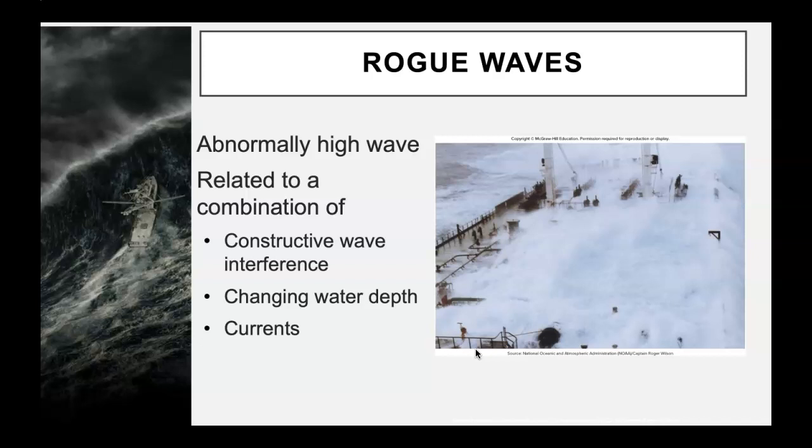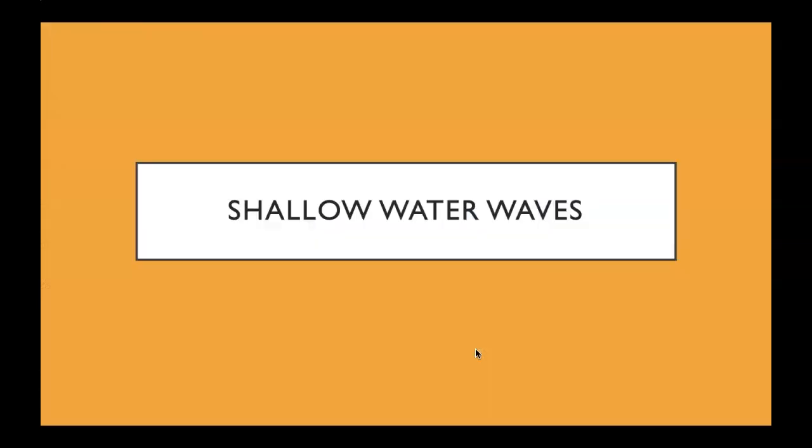They are also associated with coastlines where there's a big change in depth. We'll see surfers coming to beaches where there's a big drop off, and then the waves get set up off that drop off. They're really big when there's that change in depth. And then there's usually a factor of the currents, those horizontal movements of water out at sea, coming together to make rogue waves.